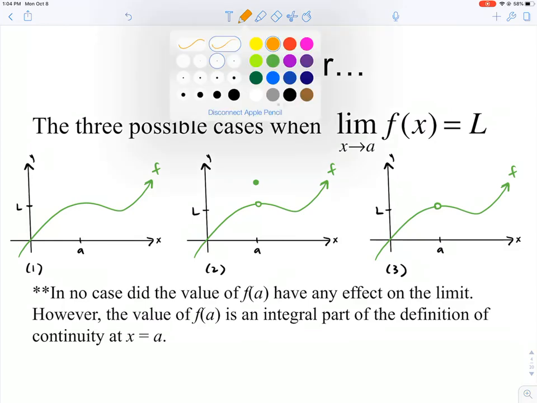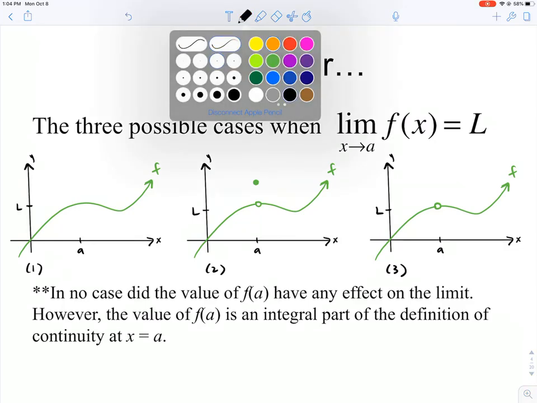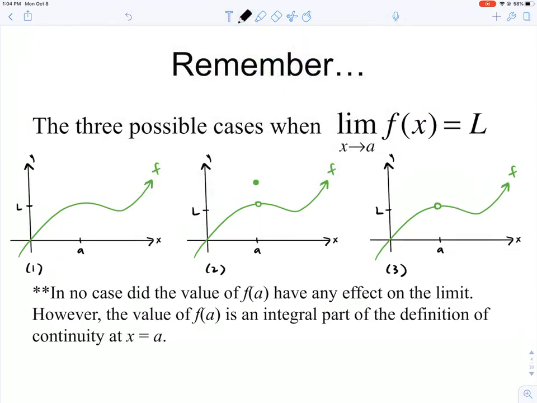The first case that we talked about was when the limit of the function as x approaches a ended up being equal to the function evaluated at a. So when the function was continuous, right? That point would be a comma f of a, which is also a comma L in this case. So when L ends up being equal to f of a.